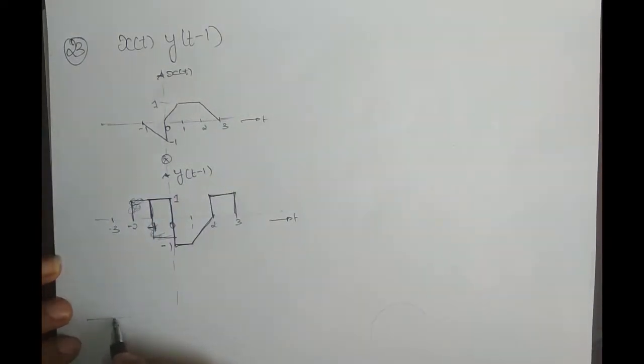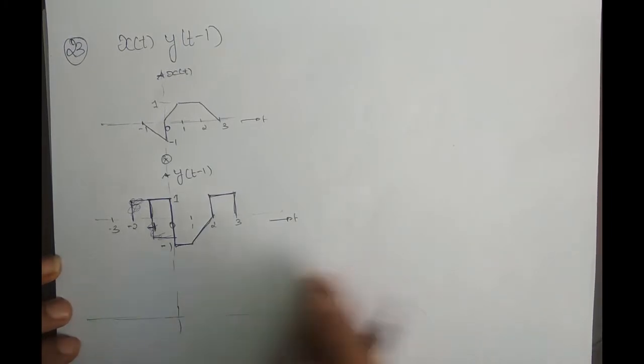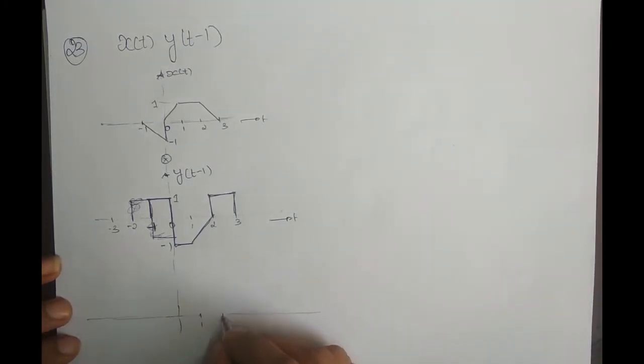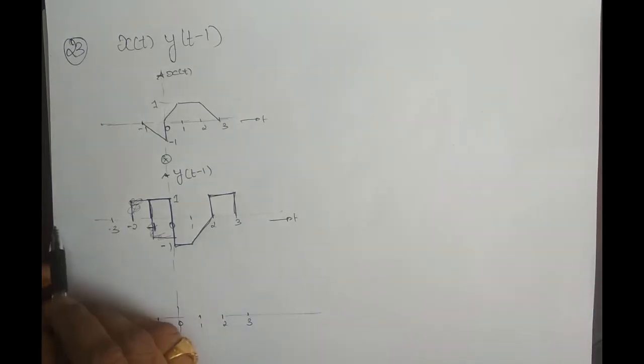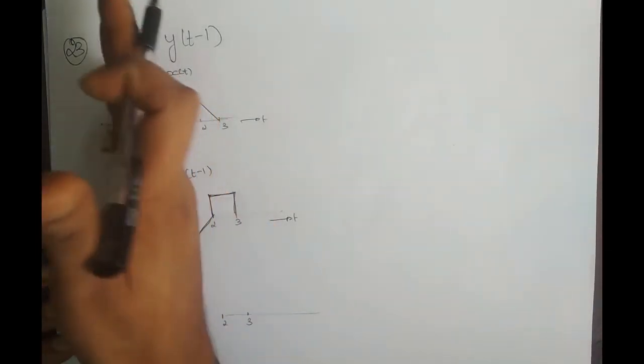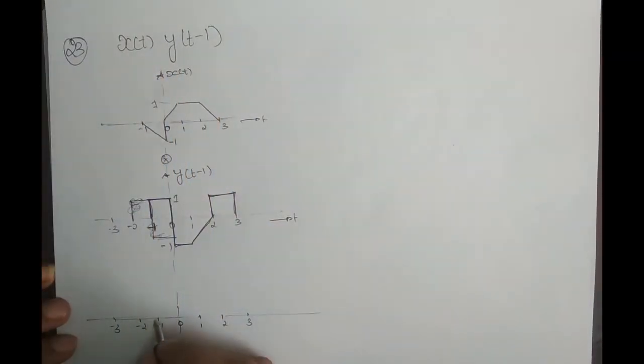So when I multiply these two, for t varying from minus infinity till minus 1, no signals are there. So it basically starts from minus 1. From minus infinity to minus 1, it is completely 0.